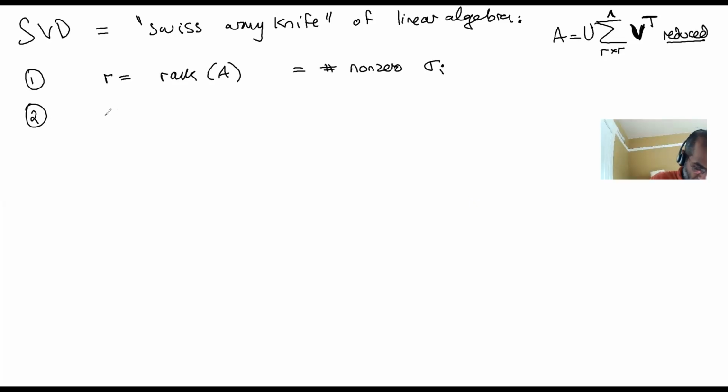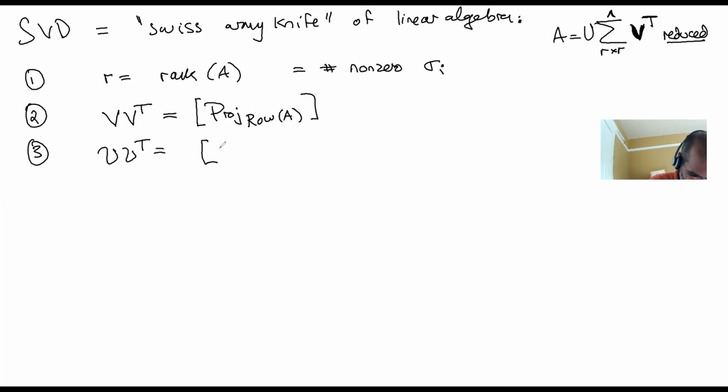But now you also have, so V transpose is the projection onto the row space. We just saw that earlier. It's a matrix of the projection onto the row space. U transpose is the matrix of the projection onto the column space. So once you know this, not only do you know the row space and the column space, you have nice bases for them and nice projections onto them.